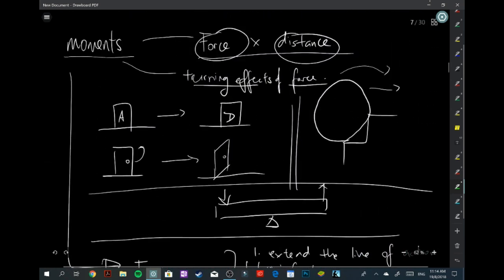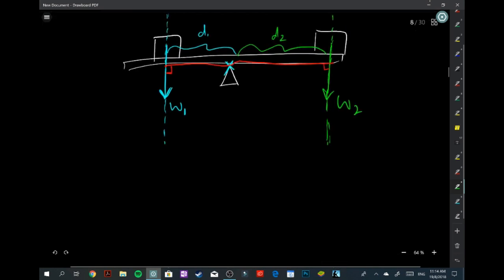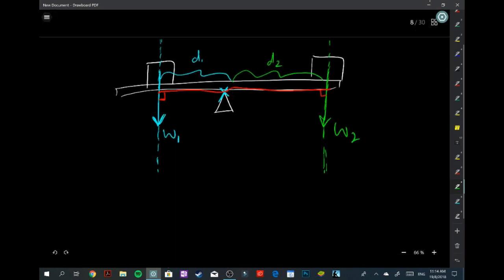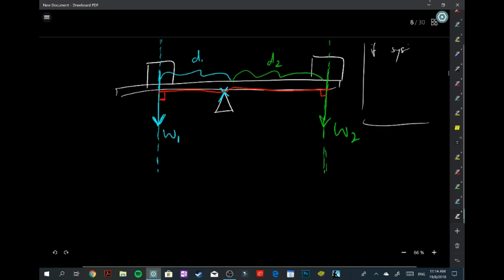In moments, we are concerned about this thing called equilibrium. When I place two objects like this and they are not moving, we can conclude that they are in equilibrium. If the system is stable, not moving, we can conclude that it is in equilibrium. Now there are two conditions for equilibrium. The first one is that net force equals 0 Newton.